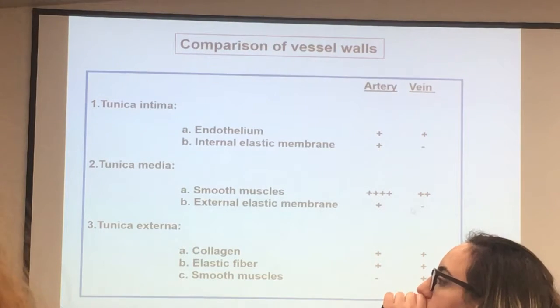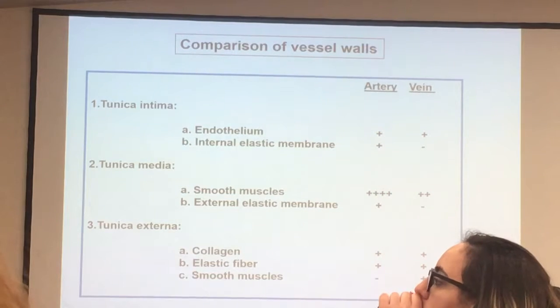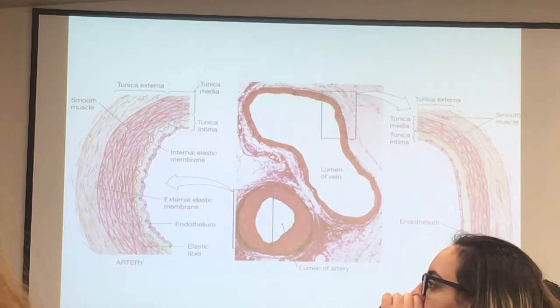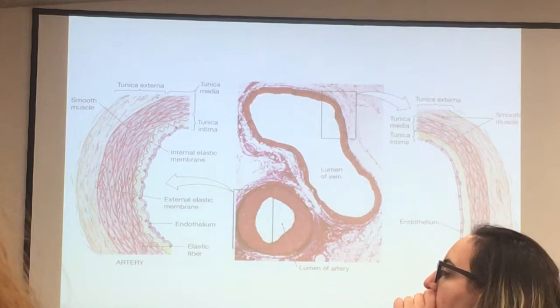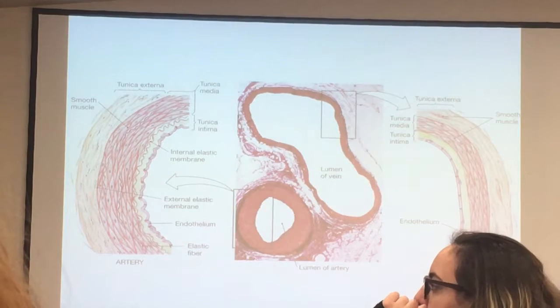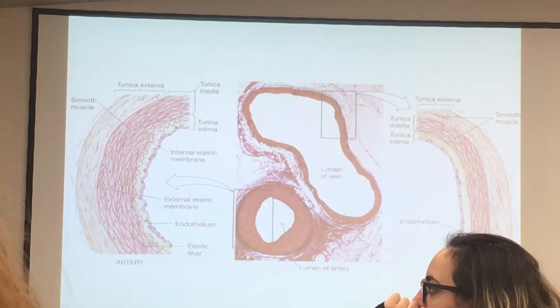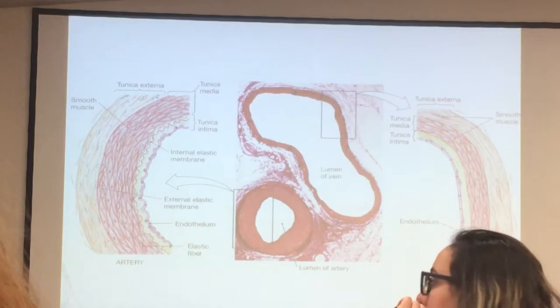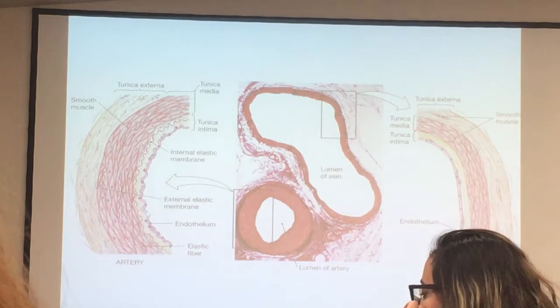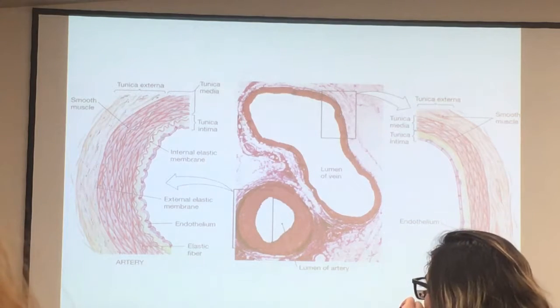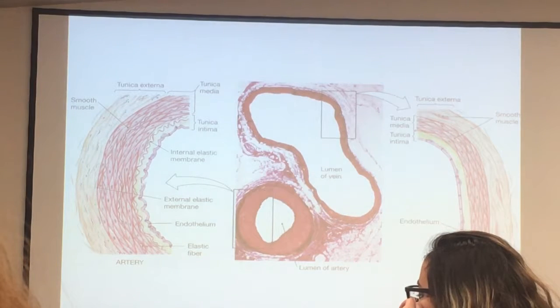The vein has a little bit of smooth muscle, but isolated, and you cannot see it very well. The artery usually has a round shape, the vein usually an irregular shape. Also look at the inner surface here: endothelium cells and the internal elastic membrane make a curve like that. And externally you can also see a little bit of elastic membrane.